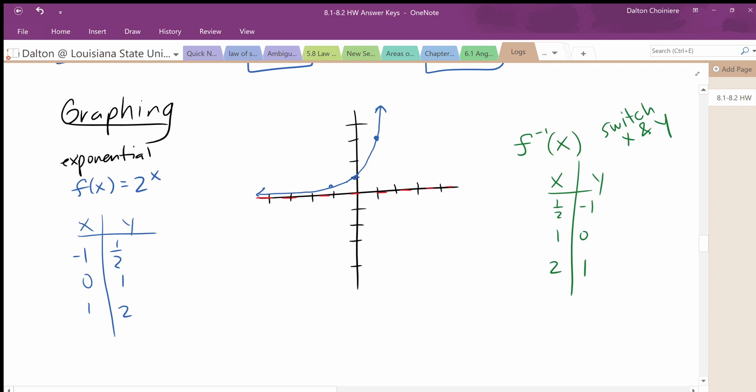And let's graph these coordinates. (1/2, -1) will be about right here. (1, 0) will be here, and then (2, 1) will be here.